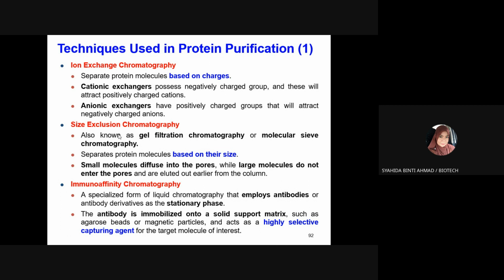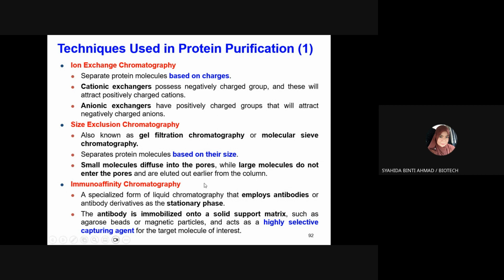Usually we do it step by step in order to get purified protein. You can't do one step to get a purified protein. Usually we start with ion exchange followed by size exclusion chromatography, and once we get partially purified, we have removed the unwanted proteins, from maybe 100 proteins down to maybe 10.